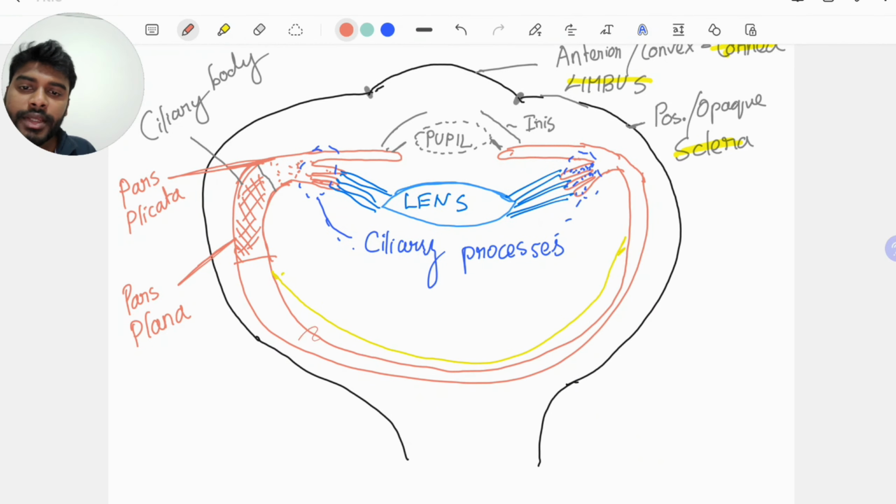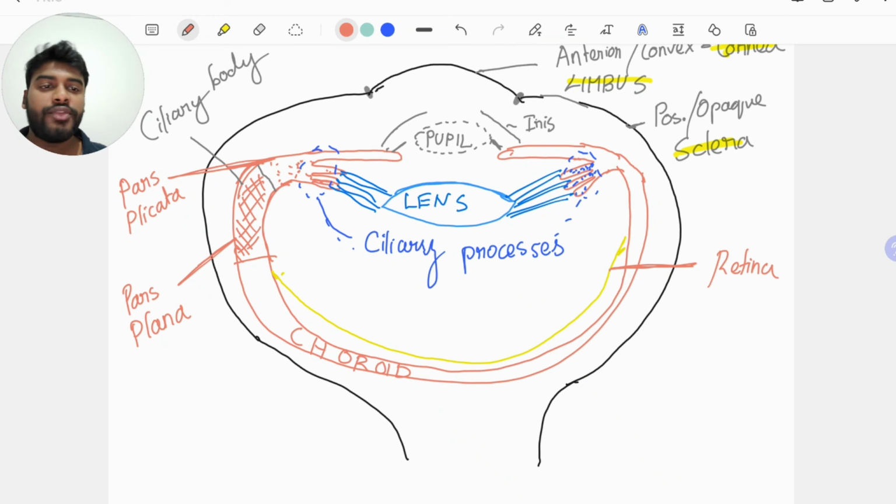The remaining part of the uvea is called the choroid. And this yellow color which covers the choroid inside the eye is called the retina. The retina is located only on the posterior surface of the eye.